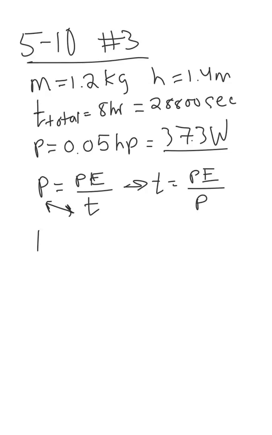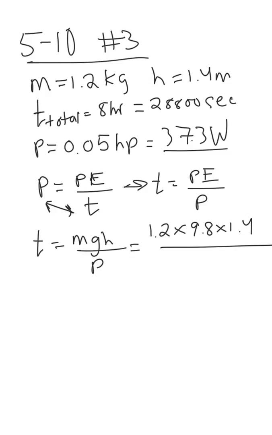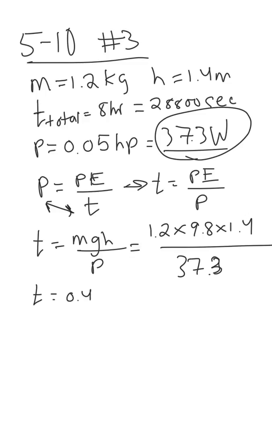Okay, so time is going to equal mgh divided by P. So that's going to equal 1.2 times 9.8 times 1.4 divided by, now we're going to use our conversion from horsepower to watts of 37.3. All right, and we get a time of 0.44 seconds. All right, now that's the time for one singular brick.